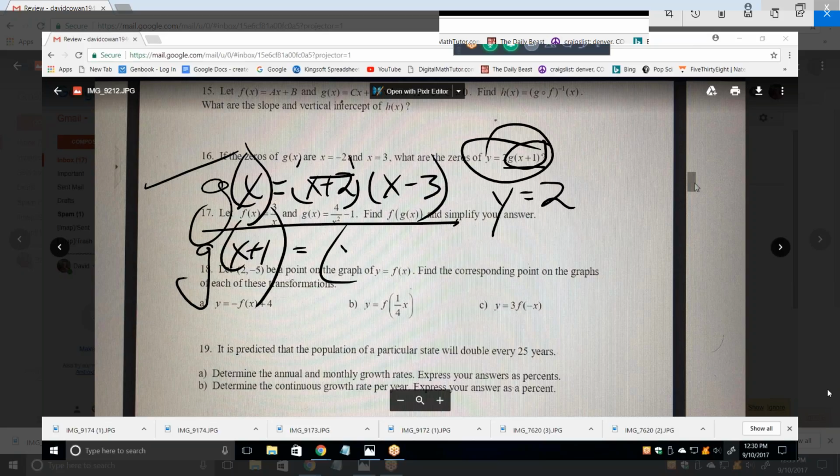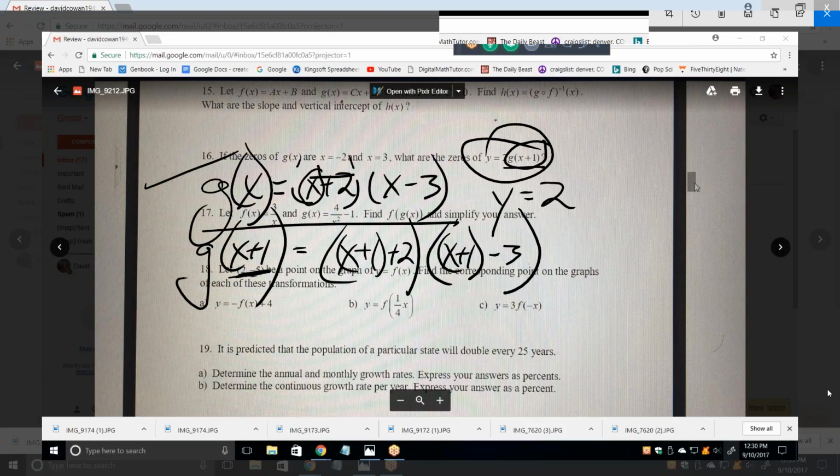x plus 2, x minus 3, and then plus 1. What? No. What's the rule when you have a complicated expression inside the parentheses? Distribute. No, you plug it in wherever you see x. Okay, well, here's an x right here. So it's x plus 1 plus 2 times x plus 1 minus 3.